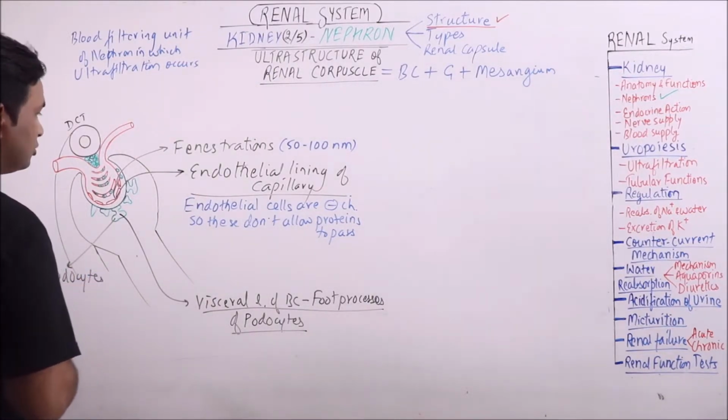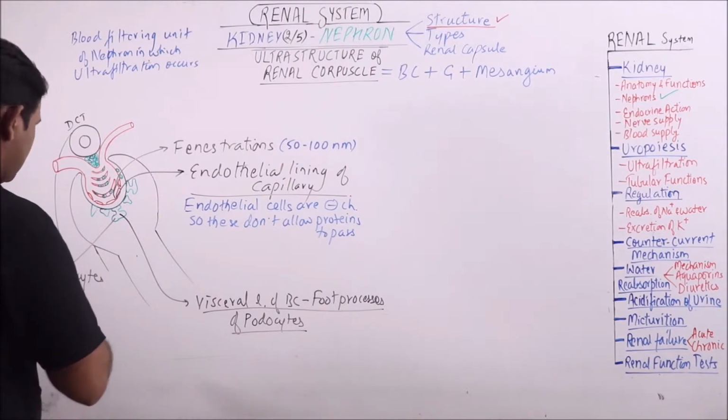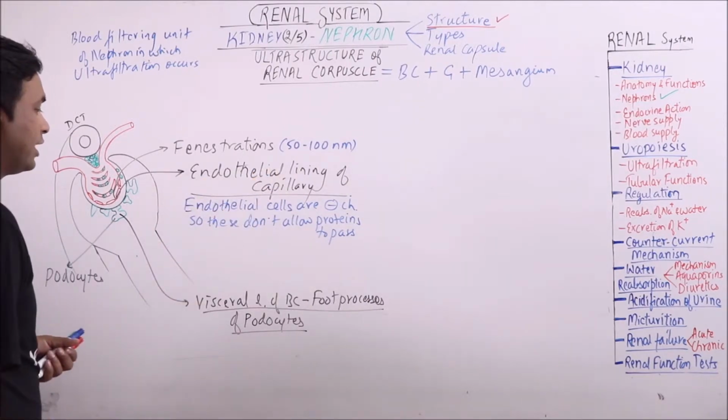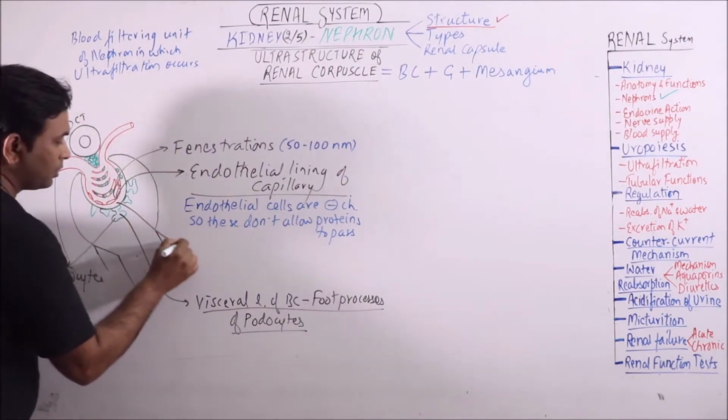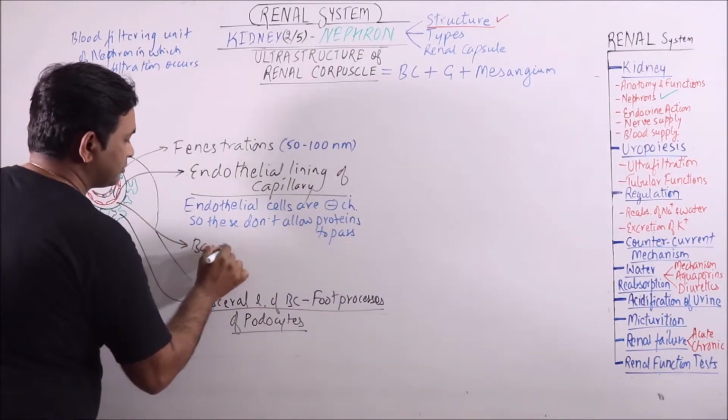In between these two layers, that is endothelial lining of capillary and the visceral layer of Bowman's capsule, there is basement membrane.